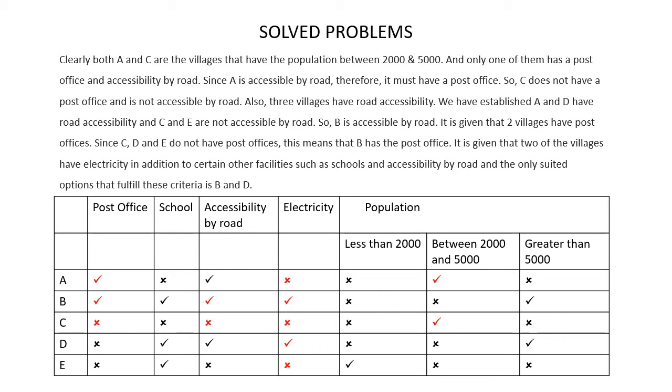So now we have three villages A, B and D having accessibility by road. It's given that two villages have post office. Now we know that villages C, D and E do not have post offices. So clearly villages A and B are the ones that have post offices.